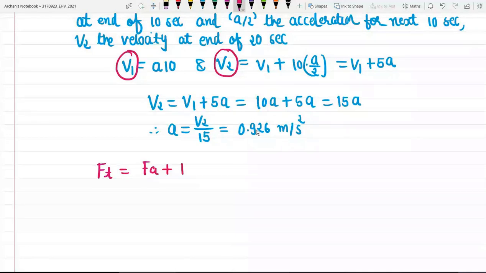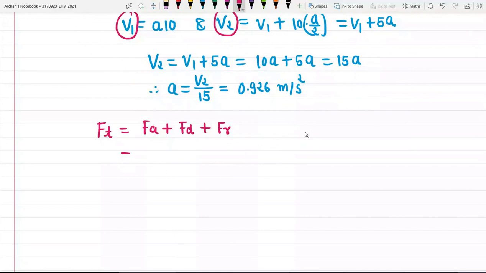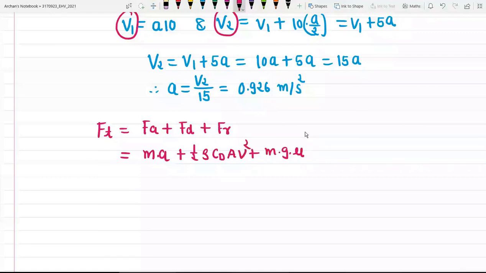Gradient resistance we need not consider, as the grade is given as 0. So Fa is equal to Ma plus Fd, half rho Cd A v square, plus mg into mu. We have all the values, so put these values.